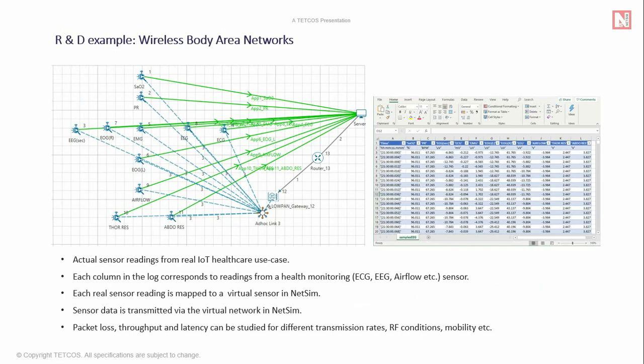We now shift to our next example, where we simulate a wireless body area sensor network use case. In this real-world example, real wireless sensors connected to the body measure various health parameters which is saved to a log file.